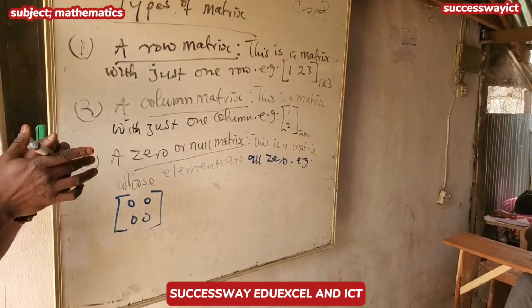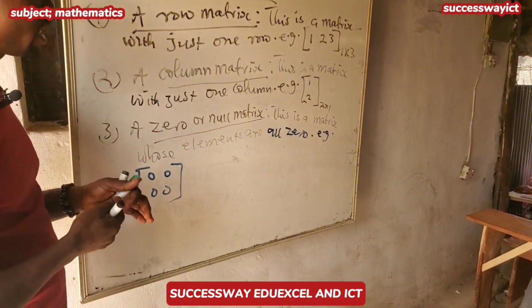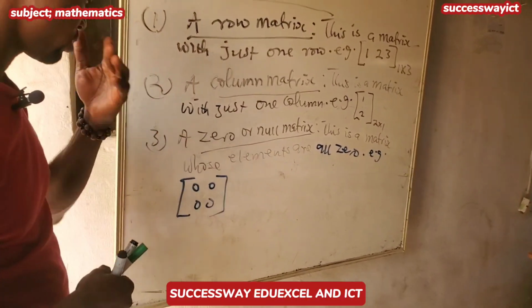A null or zero matrix. All the elements are all what? Zeros.